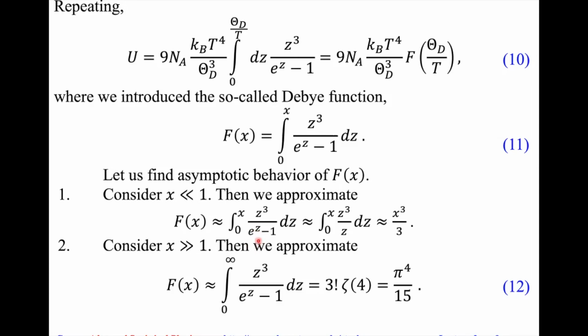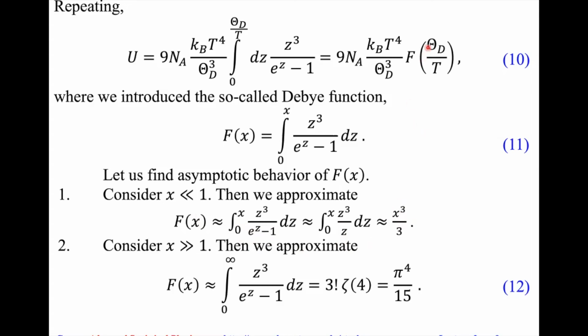It expands to 1 plus z. 1 cancels, so z is left. So this integral of z squared, with the limit from 0 to x, will give me x cubed over 3. So that would be the low x limit, which will describe for us the classical limit of the gas.